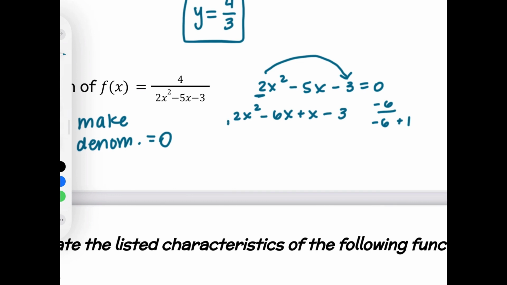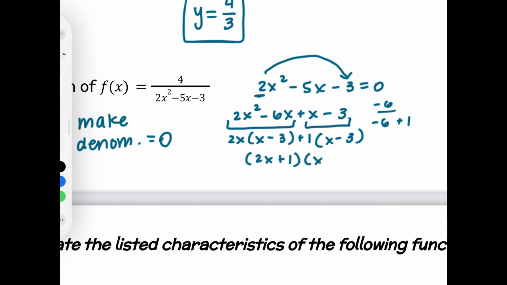All right, and then we group the first two together. Our GCF would be 2x, x minus 3. The GCF for these two would be +1, x minus 3. So our two factors would be 2x plus 1, x minus 3.